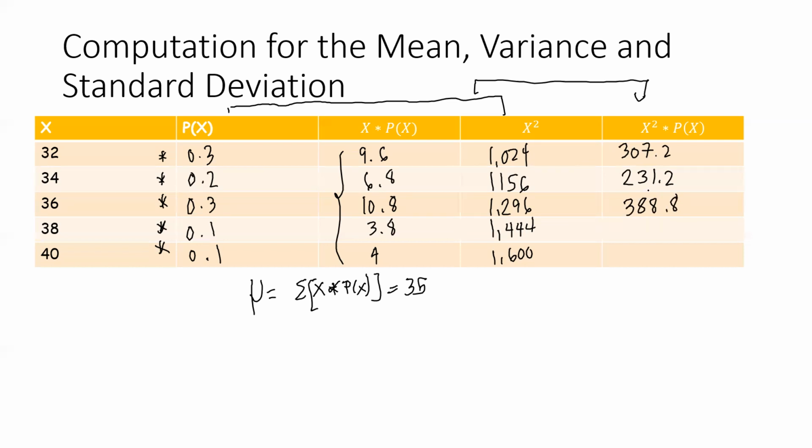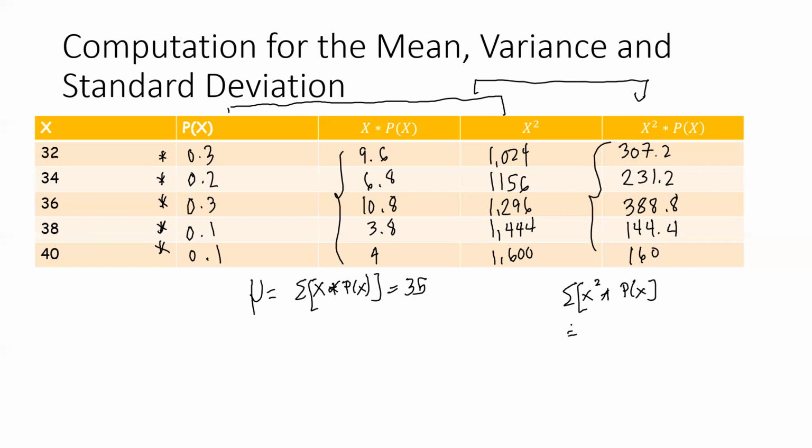Then what are we going to do with 1444 with 0.1? It will become 144.4. Then we multiply 1600 with 0.1, and it will become 160. So now we find the summation of x squared times p of x.